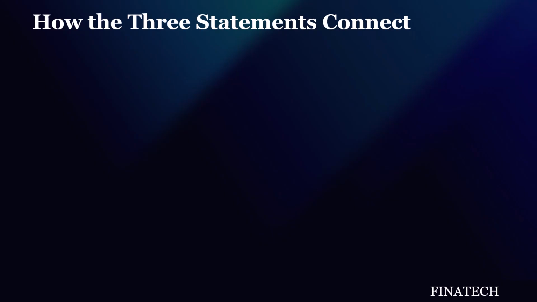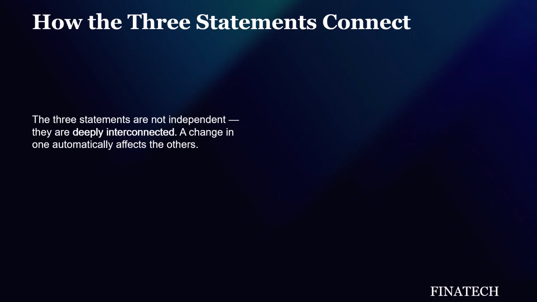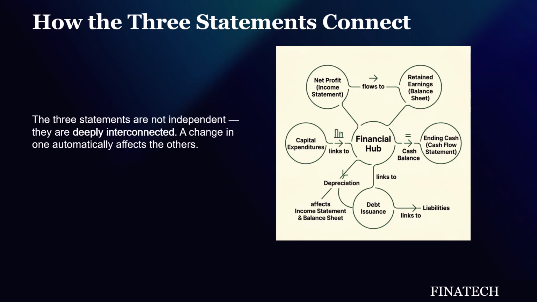How the three statements connect. The three statements are not independent. They are deeply interconnected. A change in one automatically affects the others. This image shows how the three statements interconnect.